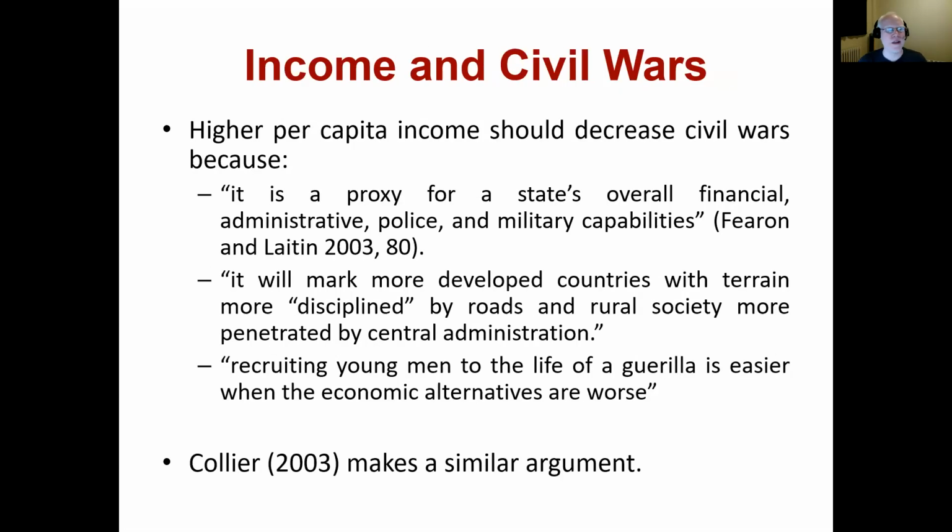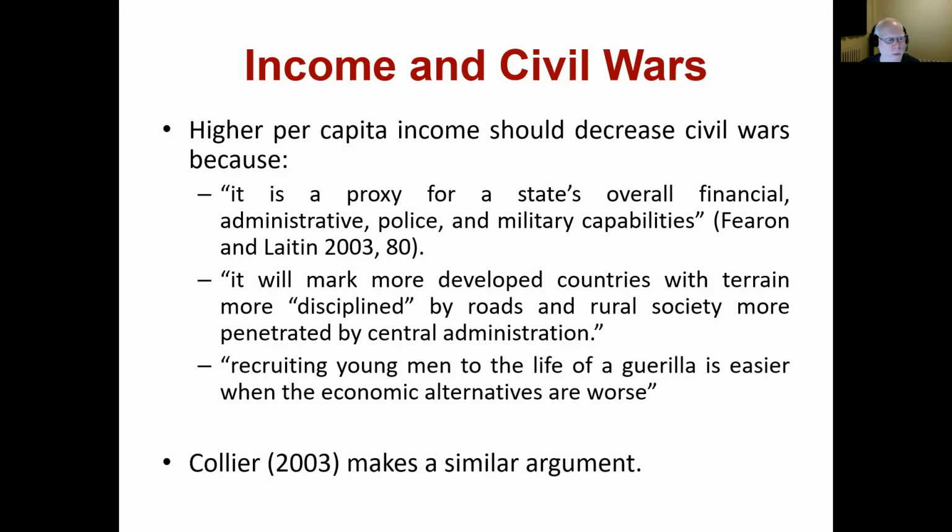So related to this, one of the factors that is correlated with civil wars is per capita income. The reason that higher per capita income, as opposed to income inequality, is a proxy for grievances often. But we've seen that it's not grievances per se, but the ability for insurgency that predicts civil wars. And higher per capita income is a proxy for a state's overall financial, administrative, police, and military capability.